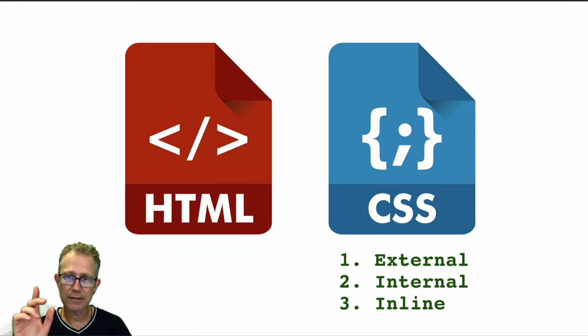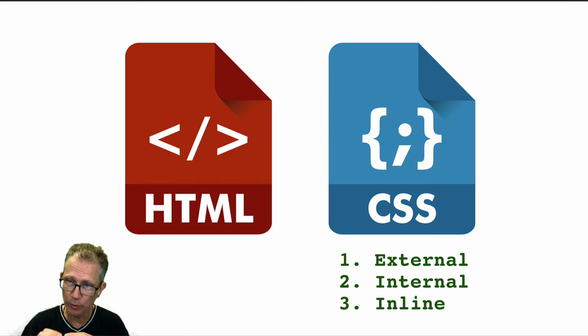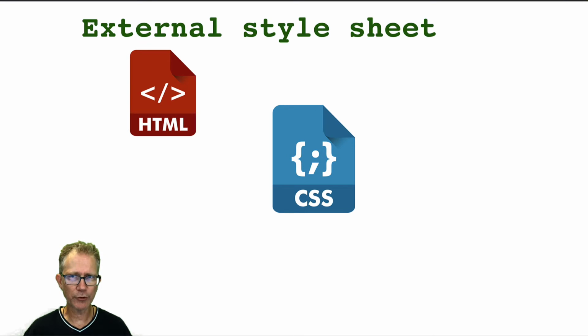Now, CSS information can live in three different places. It can be external to the web page itself, it can be internal, or it can be actually inline in actual HTML tags. So we'll look at all three of these in turn. The first idea of the external style sheet, remember that's what the SS stands for, style sheet, is the idea that you could have a separate document entirely from your web page.